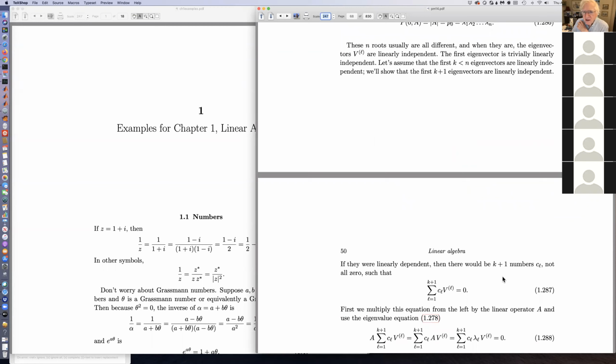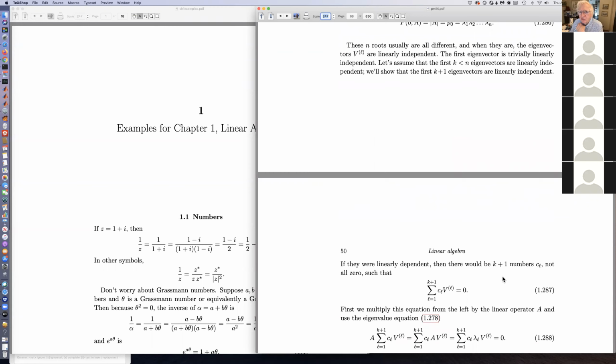I don't know how well proofs work in a Zoom session, but in any event, the first eigenvector is obviously linearly independent because one vector is always linearly independent unless it's the zero vector.